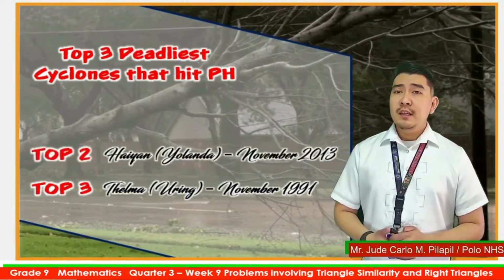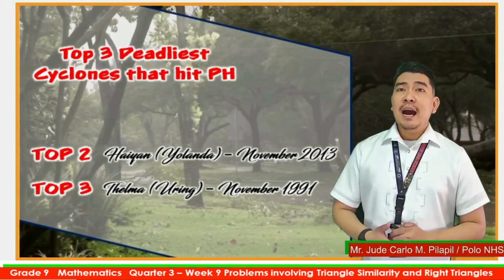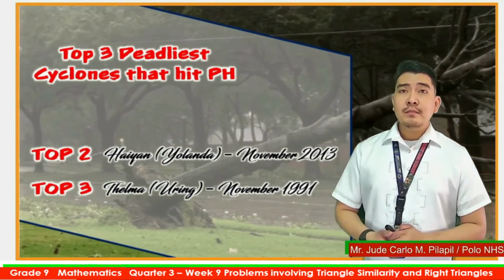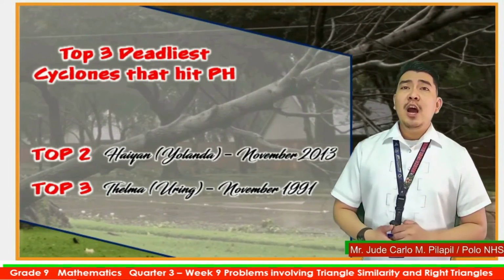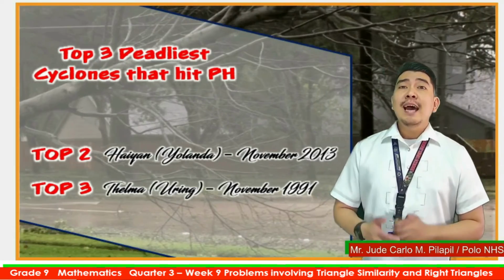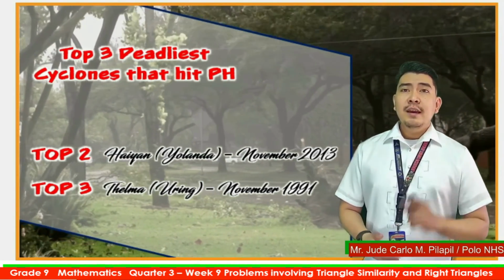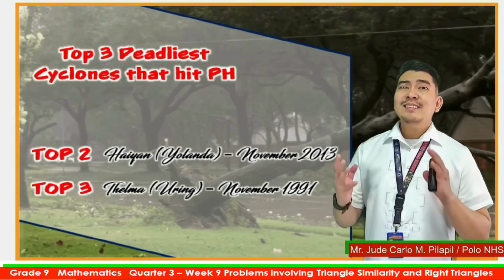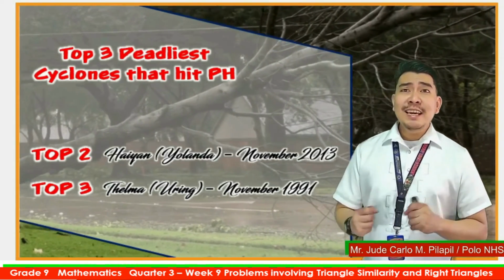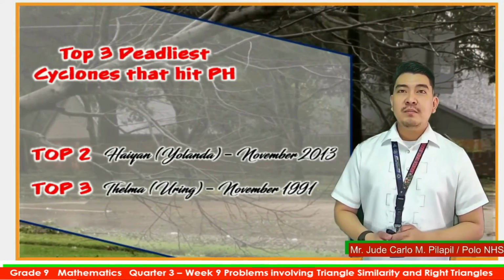Top 2 in the list is Yolanda, with an international name Haiyan, a Category 5 super typhoon. It happened in November 2013 and caused approximately 6,300 fatalities. It is also considered the costliest typhoon, with damage amounting to 95.5 billion pesos.